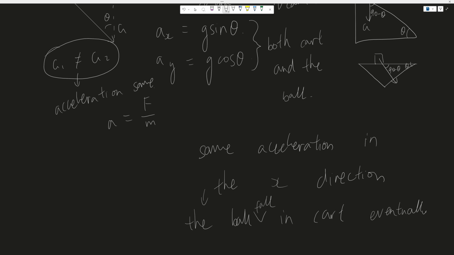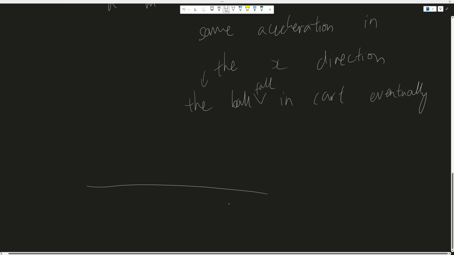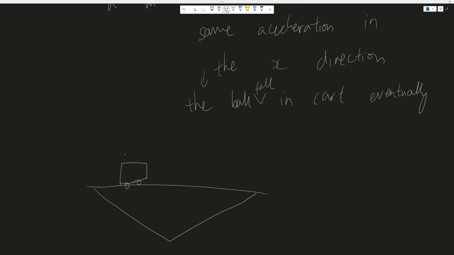Why is that so? Because at one point, when this cart is traveling, let's say it's here, this ball is going to come back down to the height of this plane. And if their x direction is always the same, then the ball doesn't have a choice. It will always have to land in this cart no matter what.